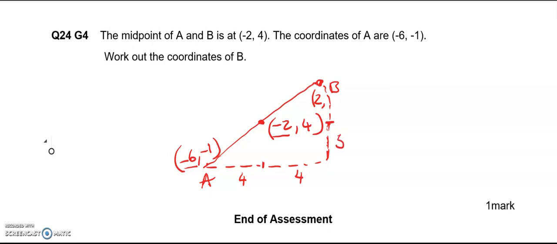So that is 5 units. And we'll do the same to move from the midpoint to B, which is adding on another 5 units. So add 5 to 4, that gives us 9. So the coordinates of B are 2, 9.